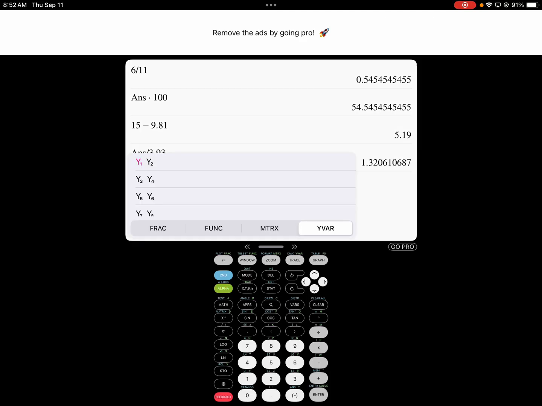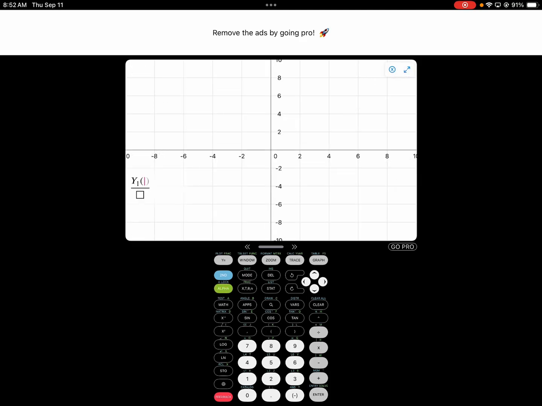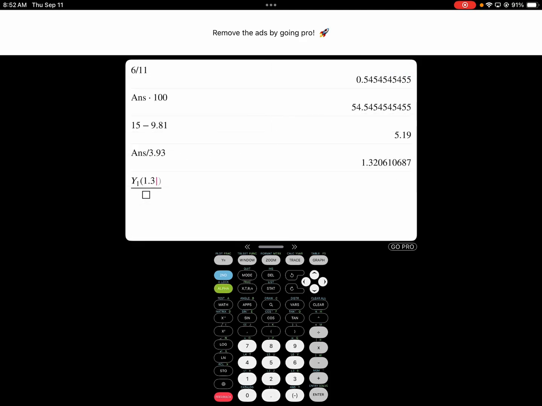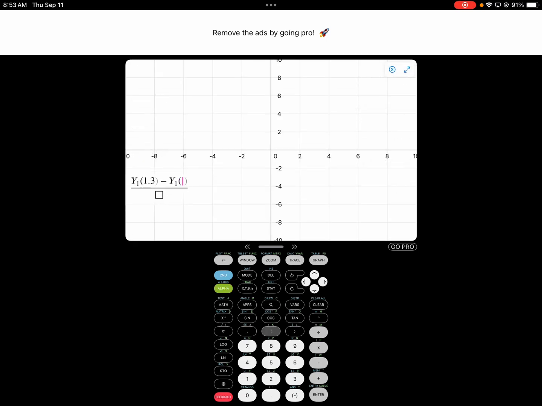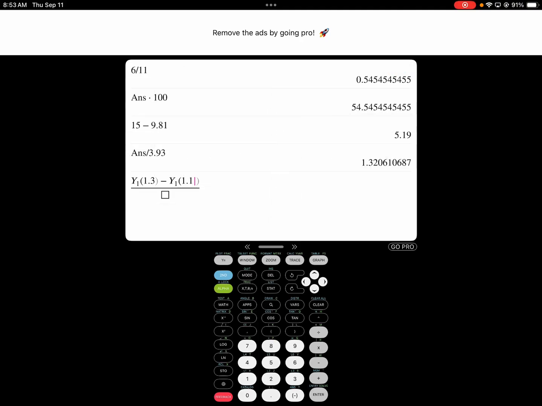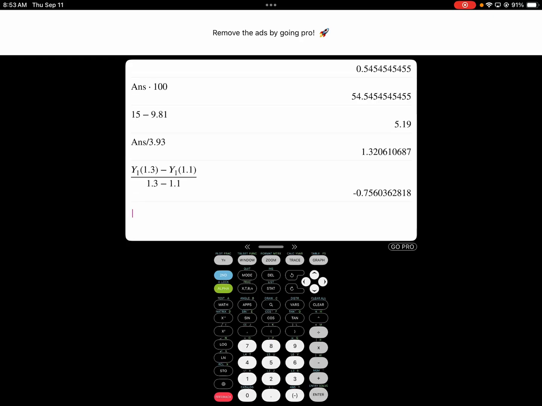Alpha trace, we're going to take y1 and in parentheses, we'll put 1.3. Arrow over, minus alpha trace, y1, parenthesis 1.1, and then on the bottom, 1.3 minus 1.1, and it will give me my answer. Okay, so negative 0.756.